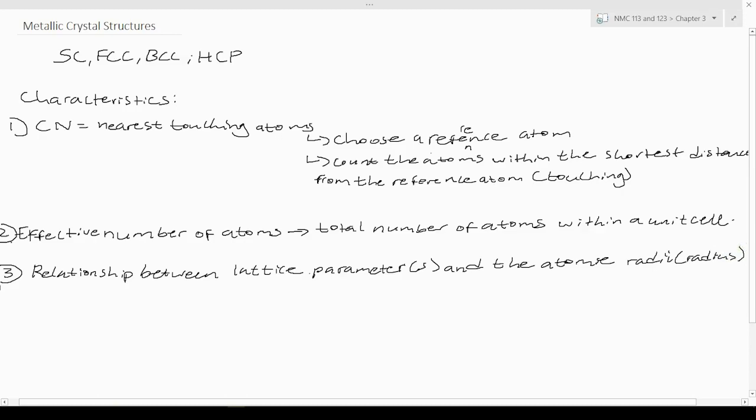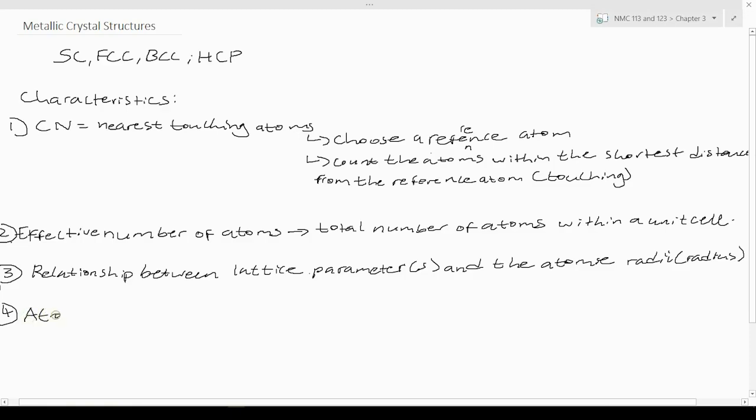And fourthly, you're also going to have to be able to calculate the atomic packing factor.